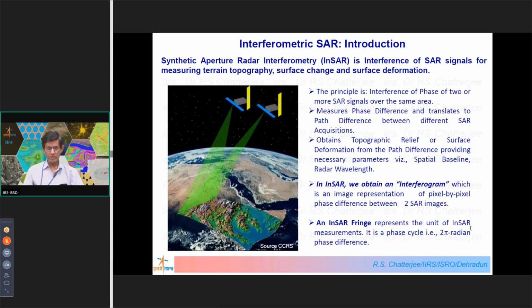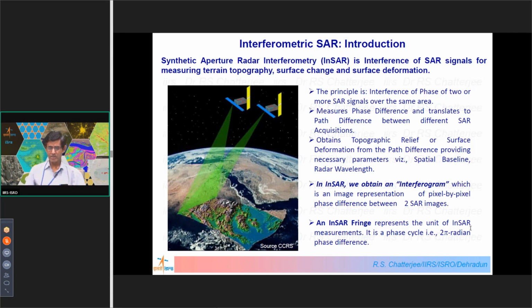The principle of interferometric SAR is interference of phase. Any SAR image or radar image has two components: an amplitude component and a phase component. So for interferometry, what we need to do is interference of the phase of two SAR images over the same area. After interference, we get the phase difference image or interferogram.